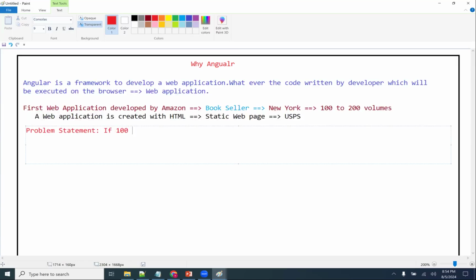If X number of people, 100 or whatever it may be, one person from Dallas, one from New York, one from Chicago, one from a different state, are accessing the application at the same time, all X people are not getting the page.